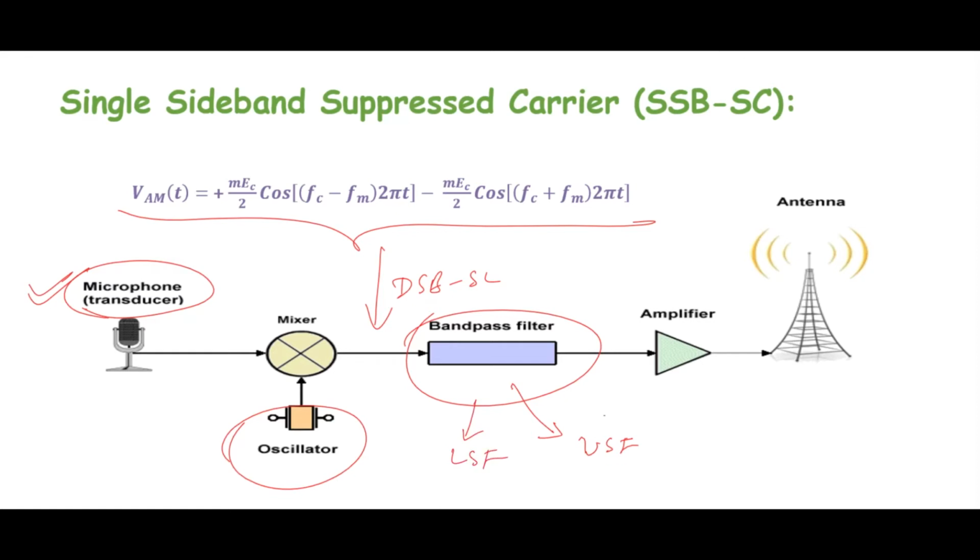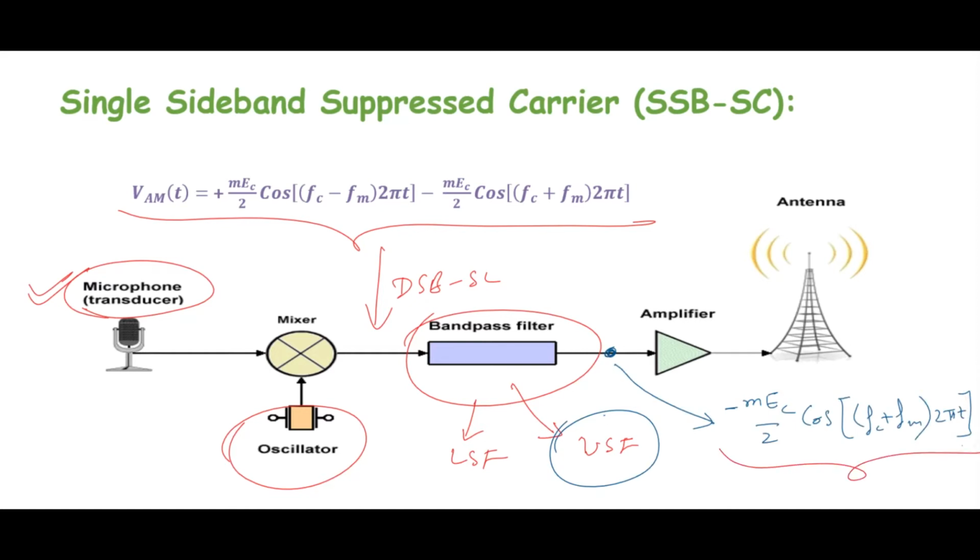Suppose the band pass filter is tuned to the upper side frequency, then we'll get only the upper side frequencies here, and the other frequencies will get attenuated. The reverse will happen if we tune the band pass filter to the lower side frequency: the higher frequencies will get attenuated and the lower frequencies will pass through.